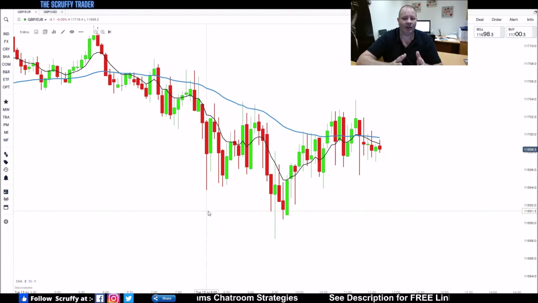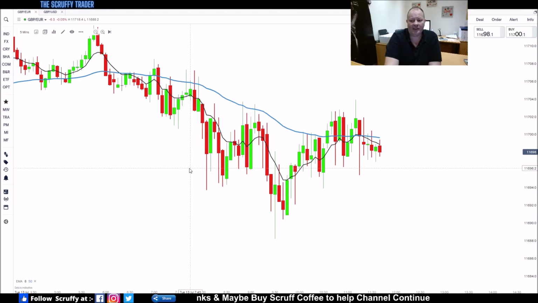There'll be a little break where I show the Scruffy Squad something extra to this, because there is a secret sauce to it, and you can trade it on its own, but there's an additional filter that makes it a little bit more solid. Okay, so what I'm going to do is I'll tell you what it is, and then I'm going to look to trade. Well, actually, this is pretty much ready now.